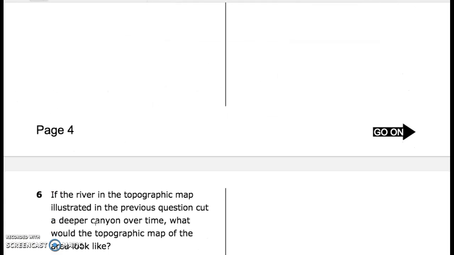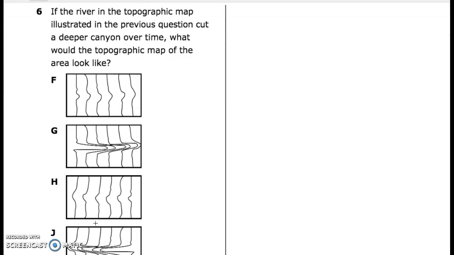Alright, number 6. If the river in the topographic map illustrated in the previous question cut a deeper canyon over time, what would the topographic map of the area look like? So we're looking for previous question number 5, and if it cut a deeper canyon. So how do we know something is deeper or steeper? Well, the lines have to be closer together, and we know that our river ran to the left.